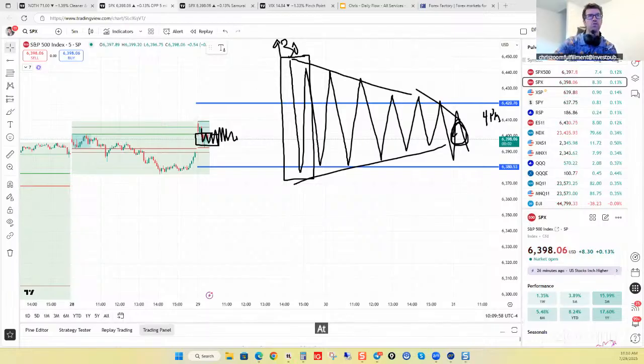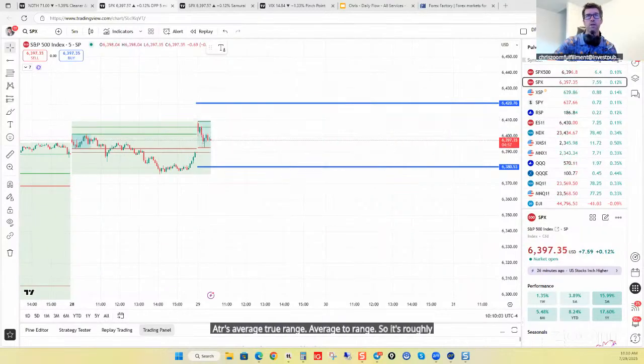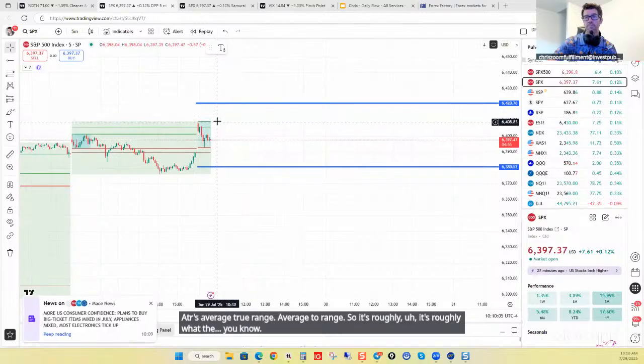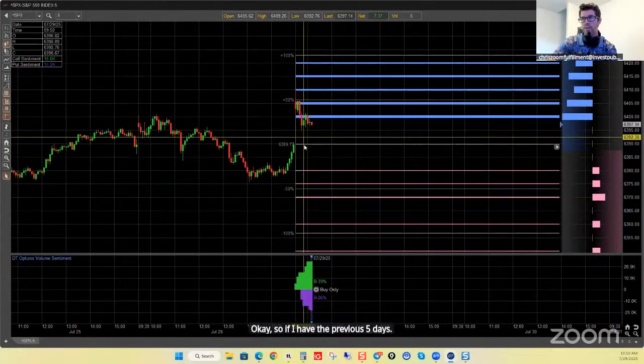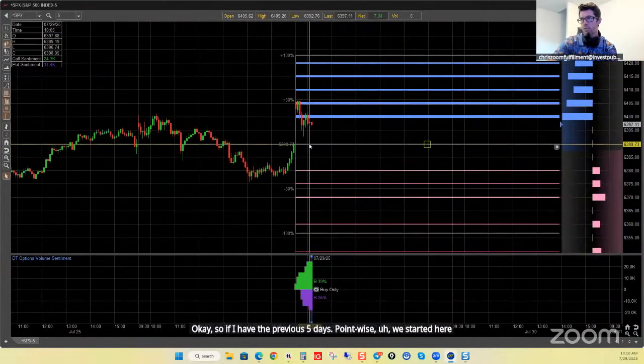ATR is average true range. So it's roughly what the market is able to do, right? 100% ATR is based on the previous 5 days' averages. If I have the previous 5 days point-wise, we started here around 63.90.